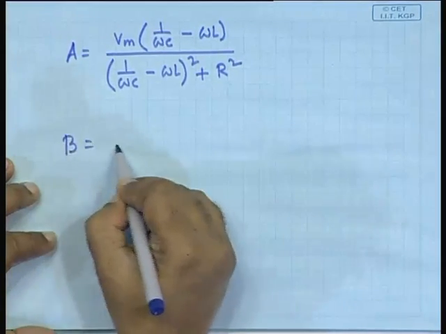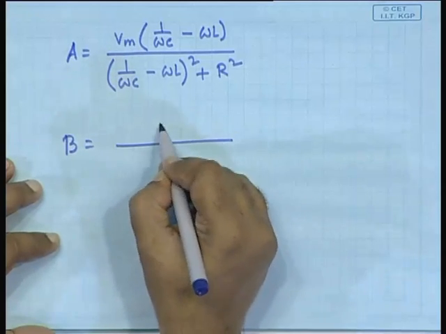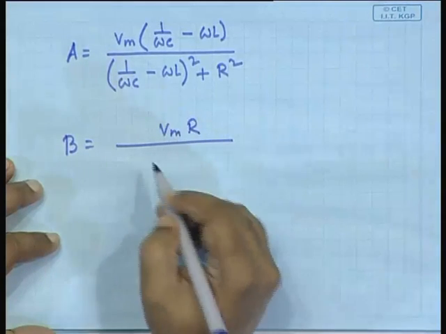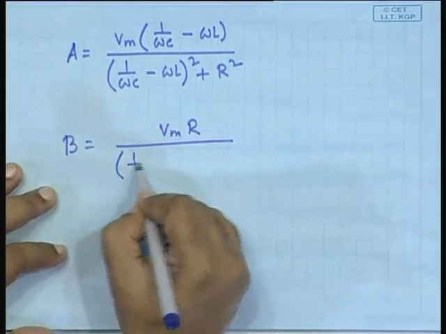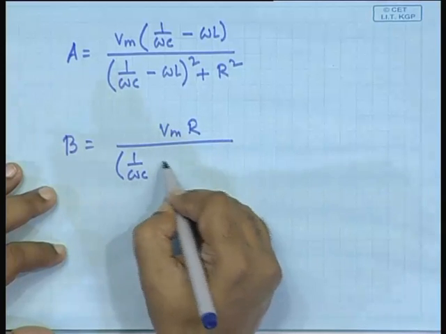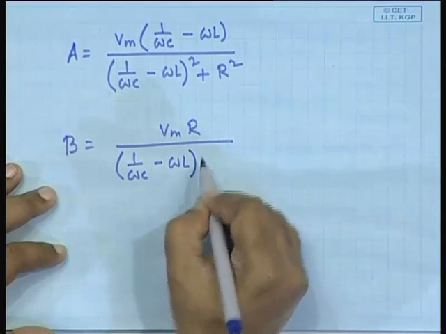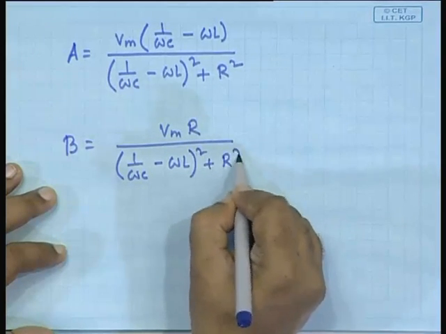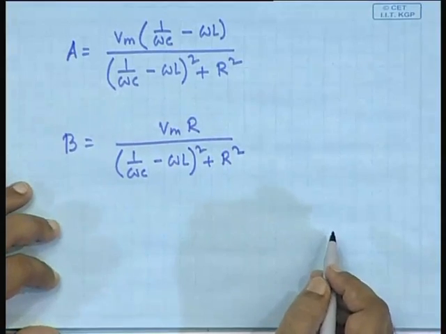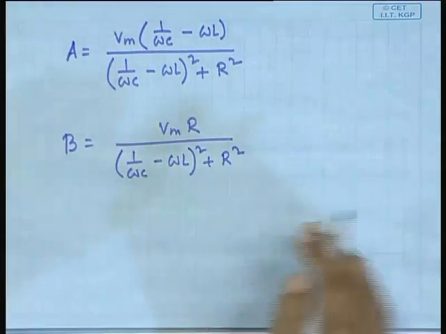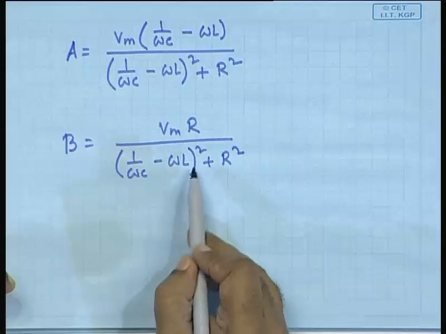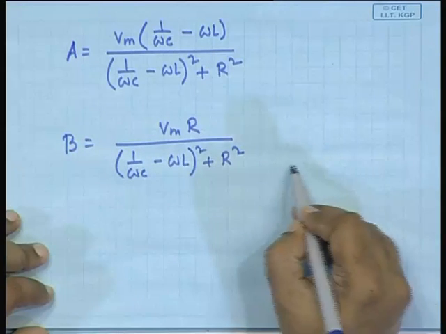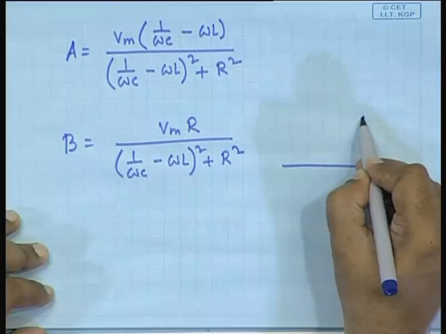B comes out to be V m r. Here it is 1 by omega c minus omega L square plus r square. So, immediately things fall in place, because then this will be the component that you draw like this.